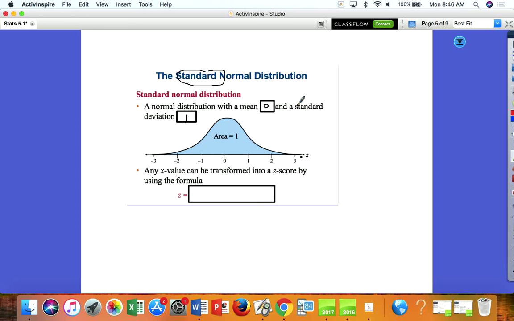Notice the label on the x-axis. What is the label on the x-axis? It's not an x anymore. It's a z. Okay, so now we're going to talk about z-scores. There was a formula that we talked about when we calculated the z-score. You may remember it.